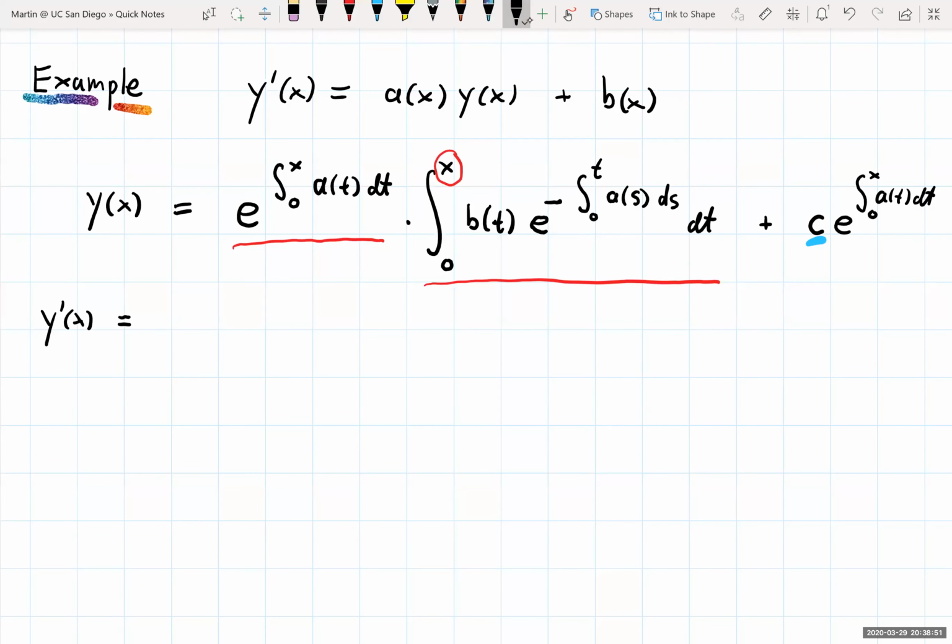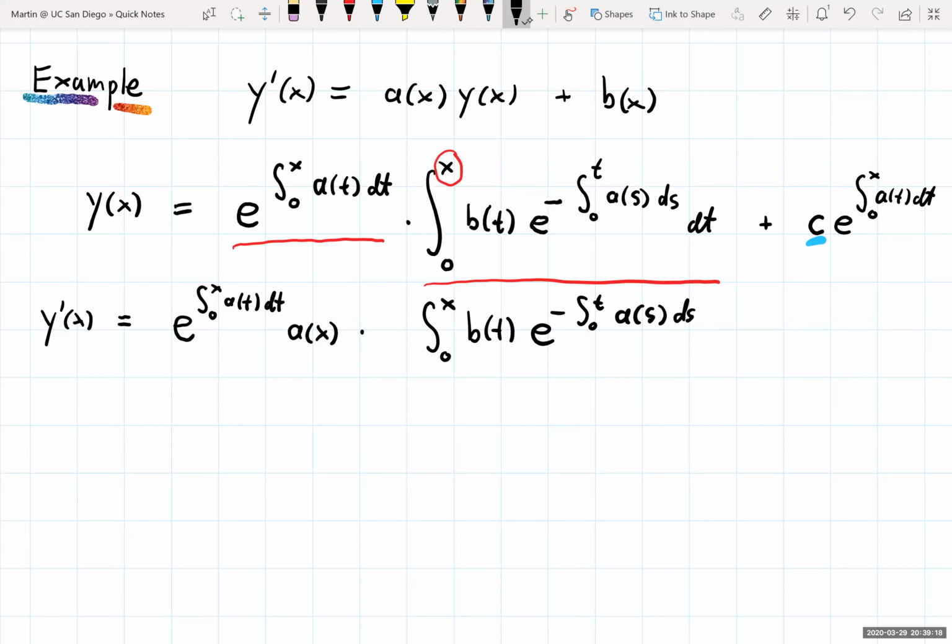What we get is the exponential of, again, the integral from 0 to x, a of t dt, multiplied by a of x, which arguably is quite simple. The second factor stays the same.